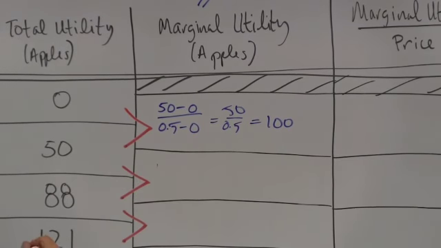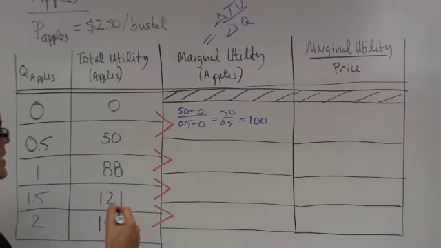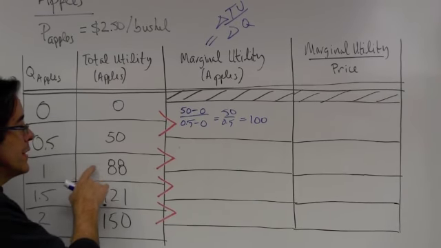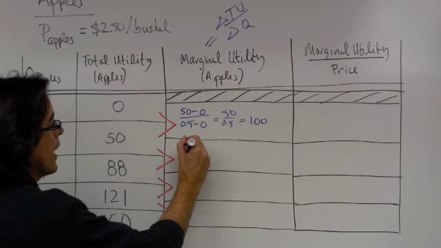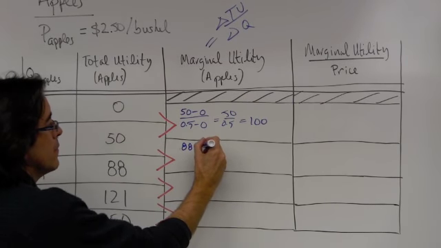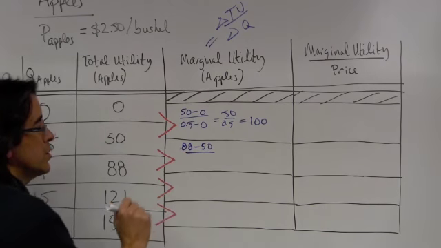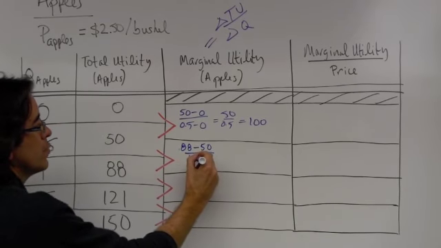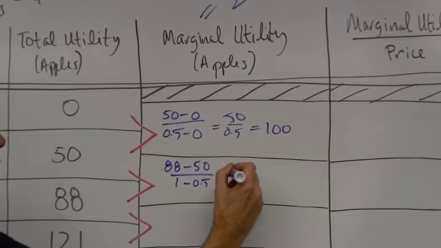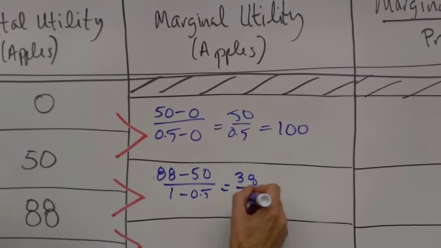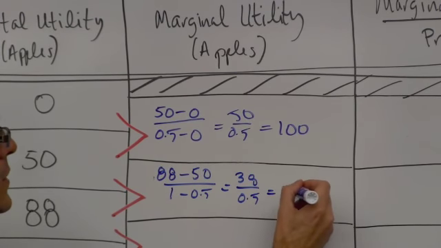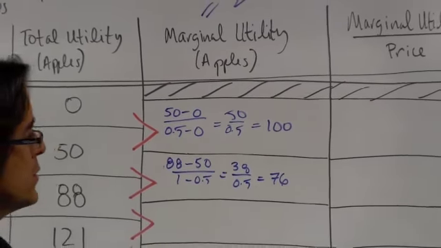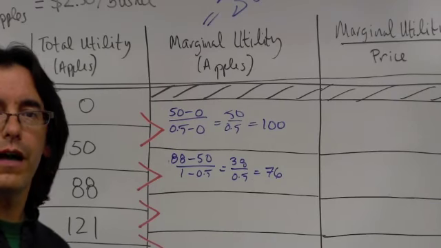We'll do a second calculation to reinforce the idea. In going from 0.5 to 1, our total utility goes up from 50 to 88. So 88 minus 50 is the change in total utility, divided by the change in the quantity, 1 minus 0.5. We get 38 divided by 0.5, and that gives us 76. And like everything we do in my class, once we generate a number, we need to interpret that value.